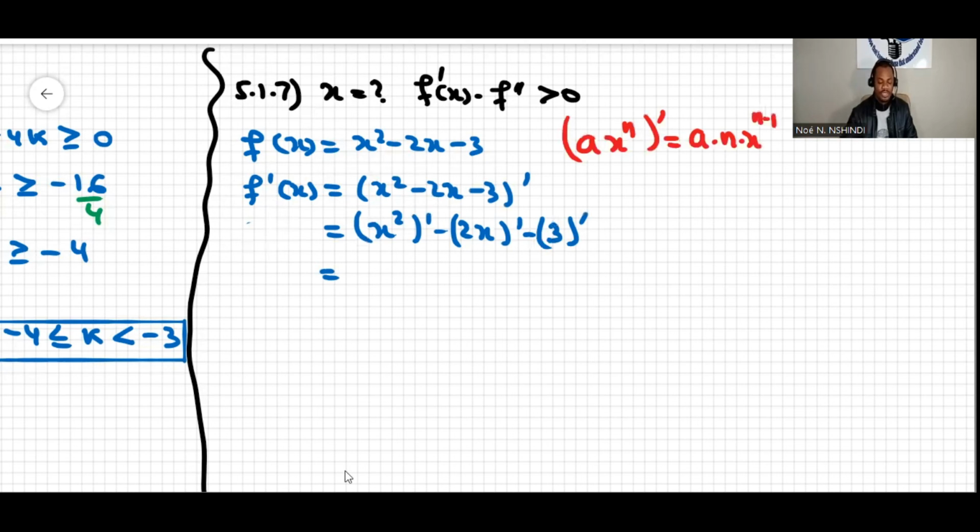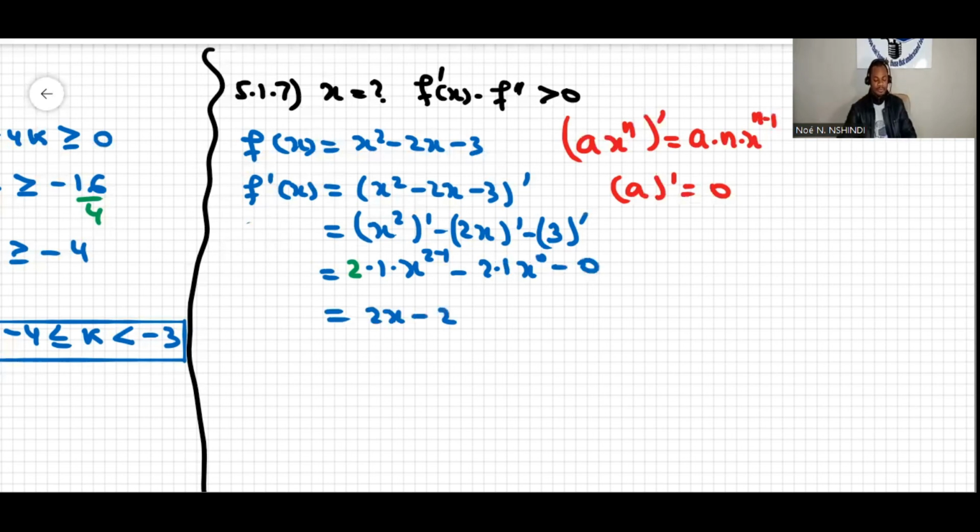So this becomes 2 times 1 x to the power of 2 minus 1, minus 2 times 1 x to the power of 0, and the derivative of the constant is just 0. So minus 0, and this becomes 2x minus 2.